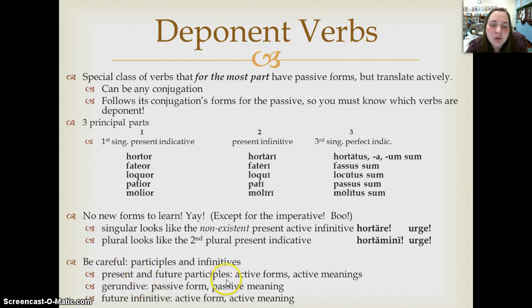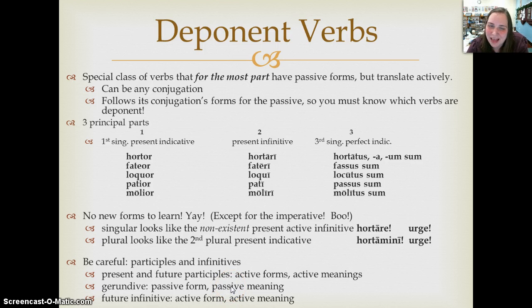The present and future participles have active forms and they translate actively. Okay, so despite the fact that deponents, for the most part, have only passive forms but translate actively, the present and future participles have active forms and translate actively. The gerundive has a passive form and translates passively.